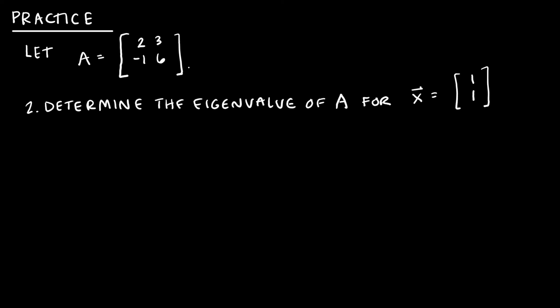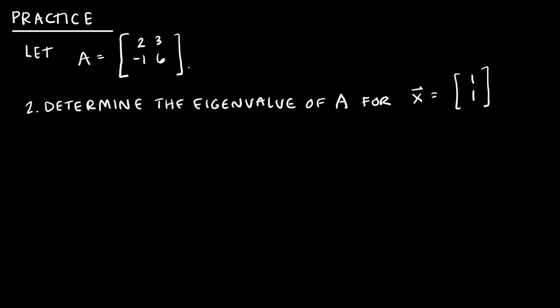Let's look at another question, again using the same matrix A, but asking a different question. I'm asking you to determine the eigenvalue of A for x, which in this case is (1, 1). In the last question, I was asked to determine if a vector was an eigenvector. Now I'm asking to find the eigenvalue, if one exists.